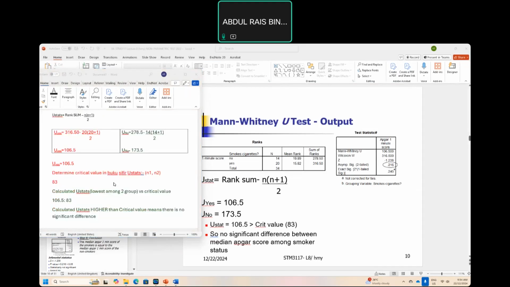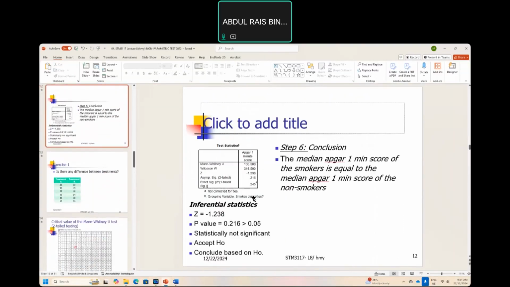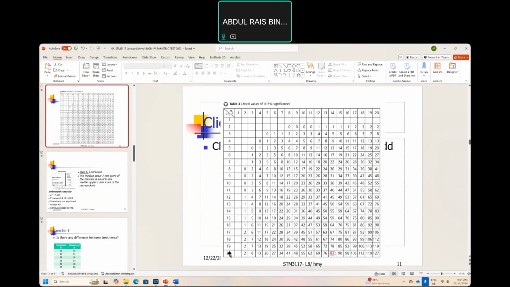Okay, now we compare the U stats that we calculated from the lowest among the two groups versus the critical value based on the distribution table. So in this case, the lowest one is from yes, we take 106.5 versus 83. 83 is here. Remember, how do we determine this? N1 is 20 and N2 is 14.